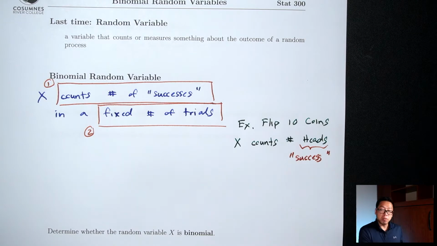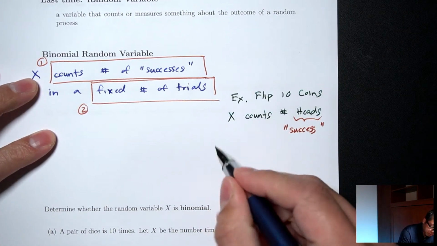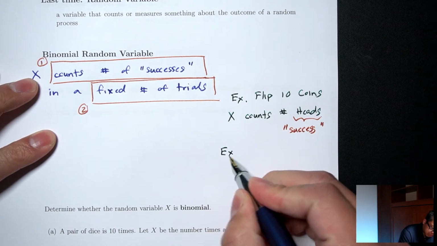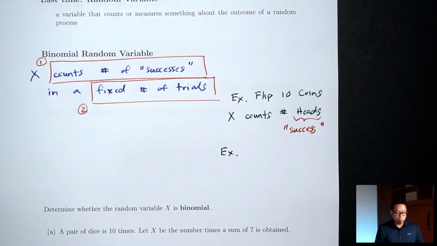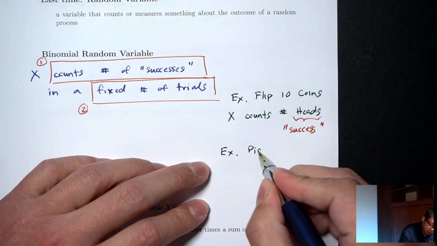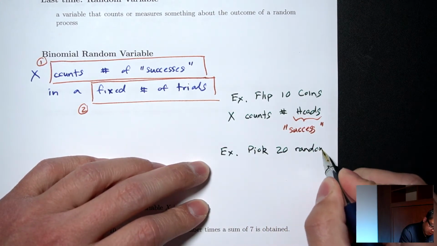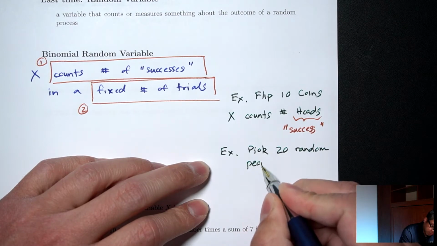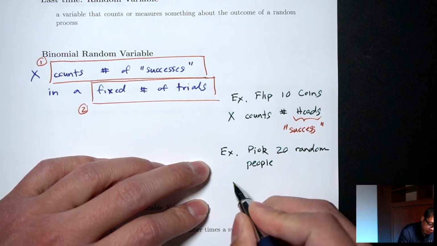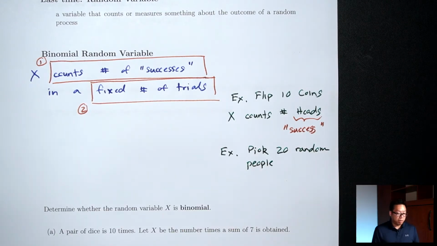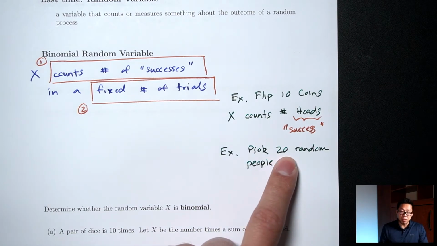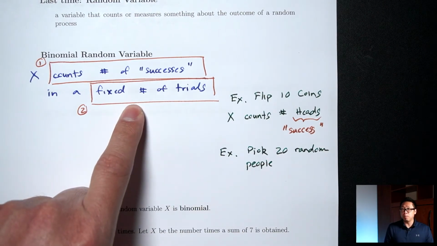Another example, so let's do an example where the random process is picking people. Say I pick 20 random people. So picking people is a random process. I'm doing it 20 times, a fixed number of times, fixed number of trials.